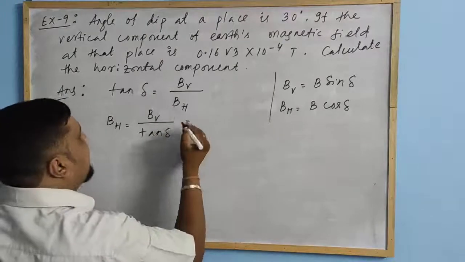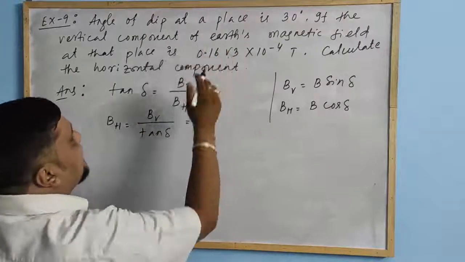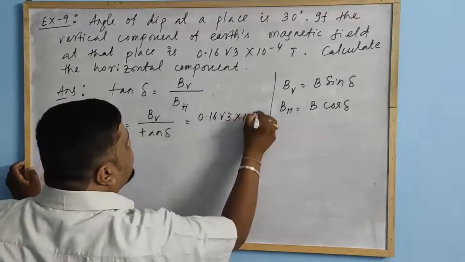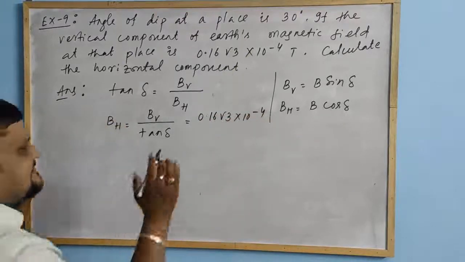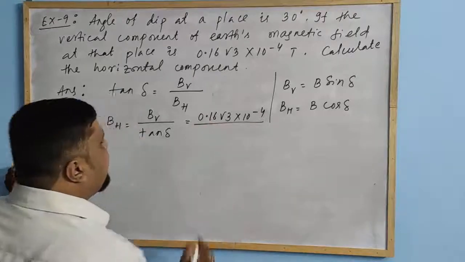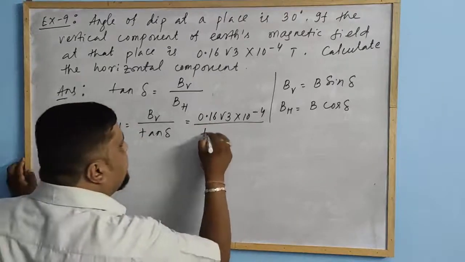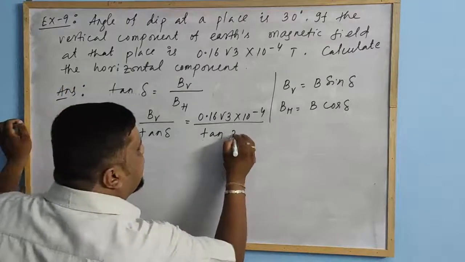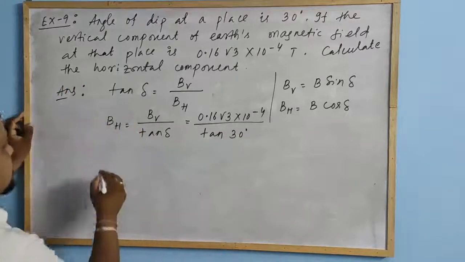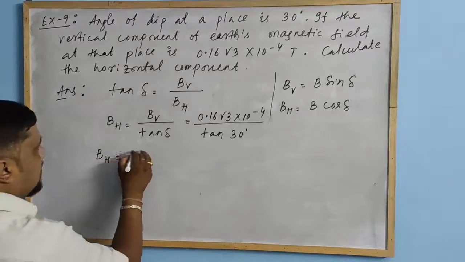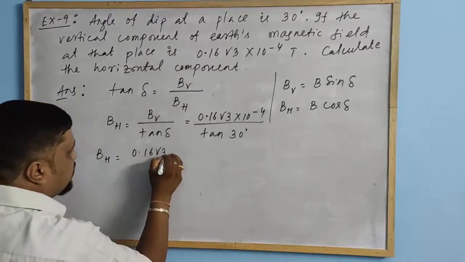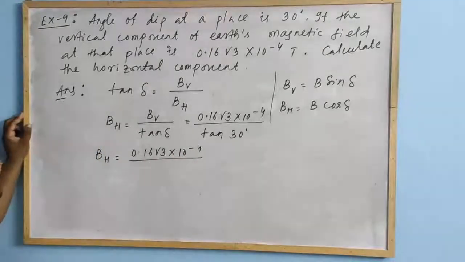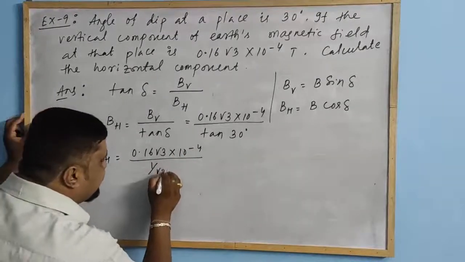What is that B vertical? The vertical component is 0.16 root 3 into 10 to the power minus 4 Tesla in SI, divided by tan delta. What is the delta value? 30. Tan 30. So B_H equals 0.16 root 3 into 10 to the power minus 4 divided by tan 30, which is 1 by root 3.